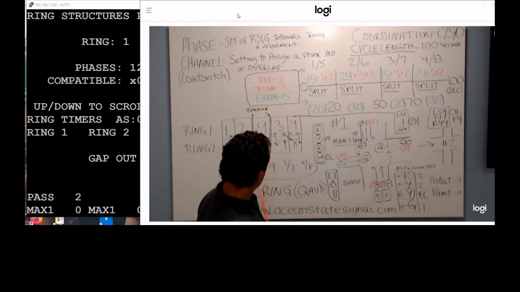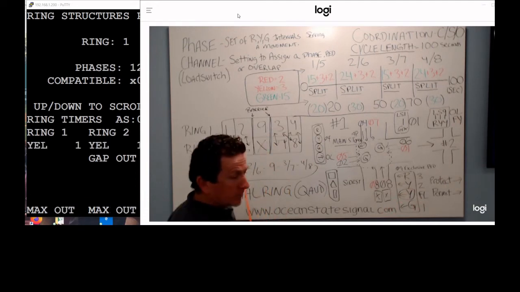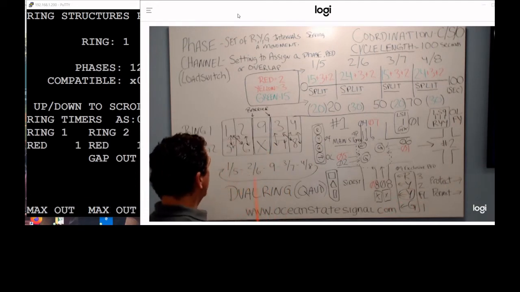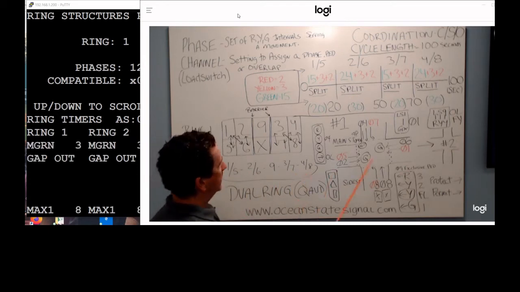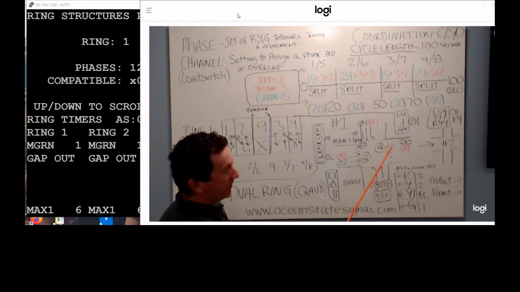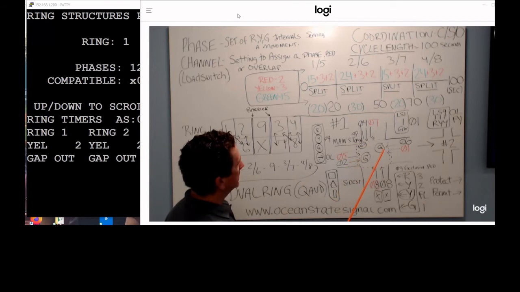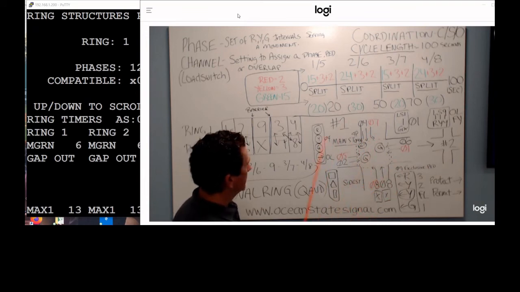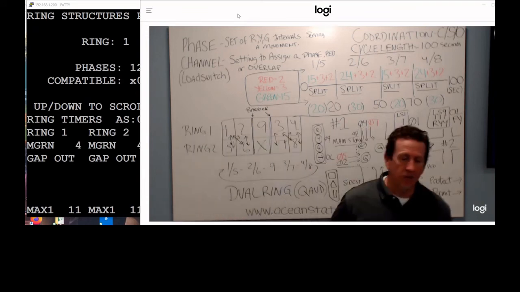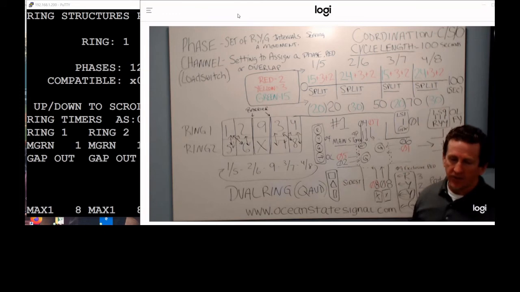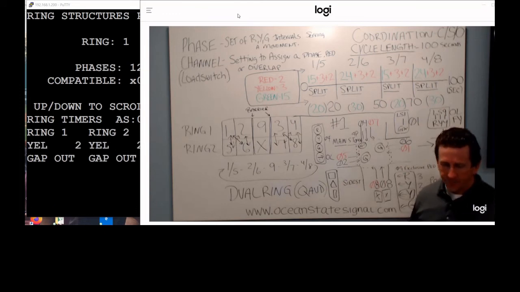We go back in, so my ring structure over here: 1 and 5, 2 and 6, 9 the exclusive ped, 3 and 7, and then 4 and 8. So we just built a standard ring structure that you see very commonly in Massachusetts. And around New England, this is a very common one that we use.